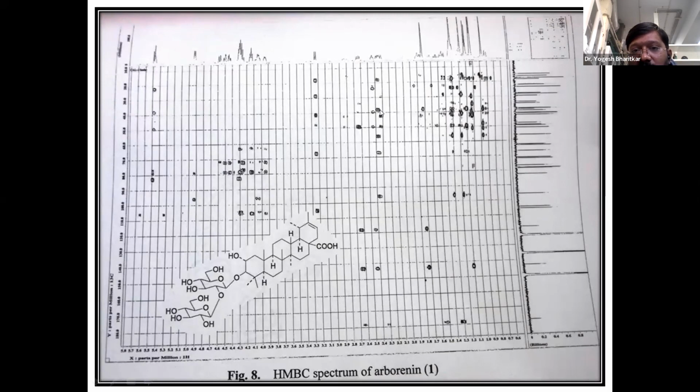One proton can couple with two or three carbons, and one carbon can correlate with many protons, so we get more than two or three correlations in this HMBC spectrum. We have to identify the multiple bond correlations between carbon and proton, and conclude exactly where the attachment of that group or carbon is.